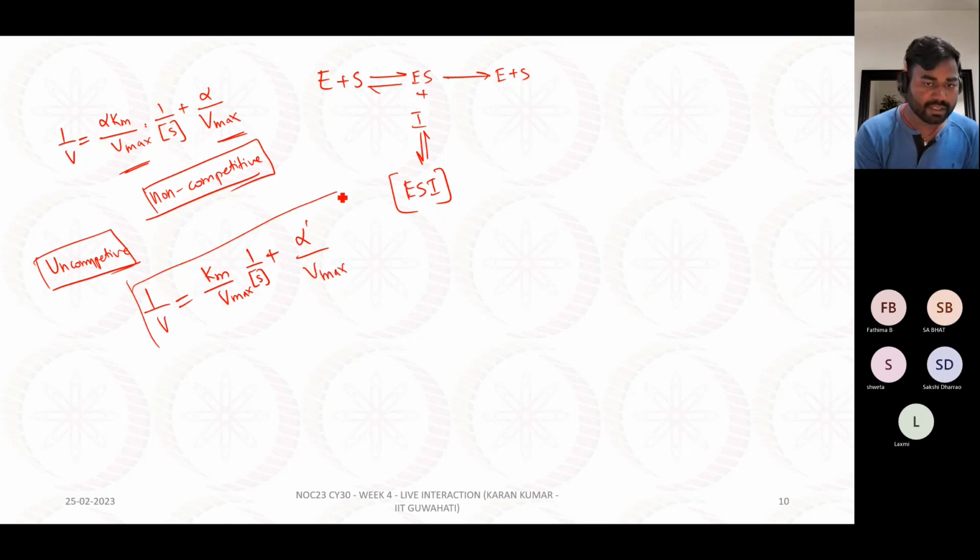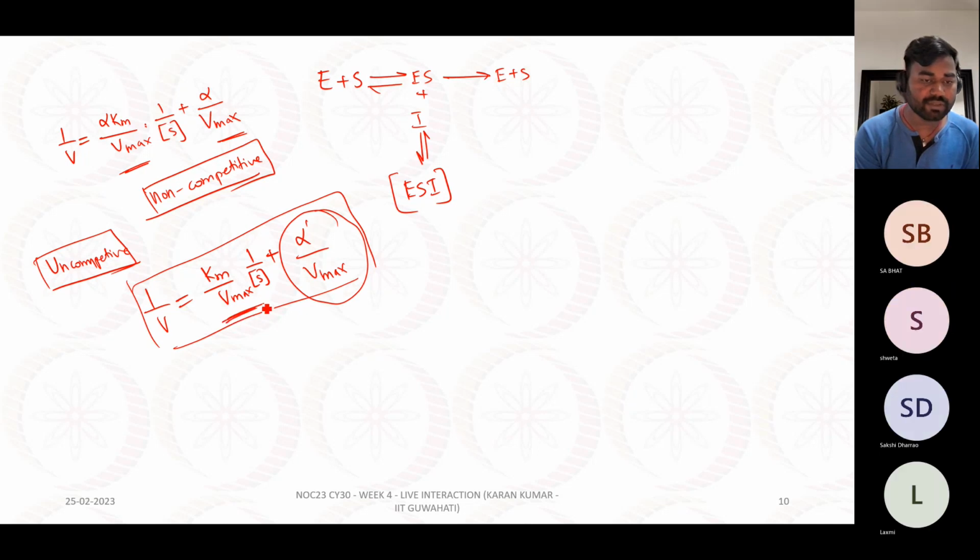So it is changing only the intercept, but it is not changing the slope. So if you are plotting these equations, in case of competitive inhibition, your intercept will not change. That means your slope will change, so it is passing through the same point. Your slope is changing.